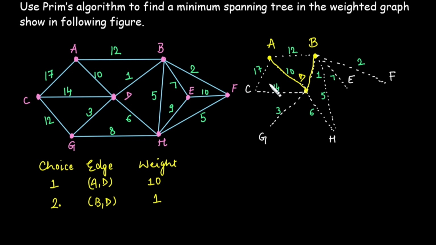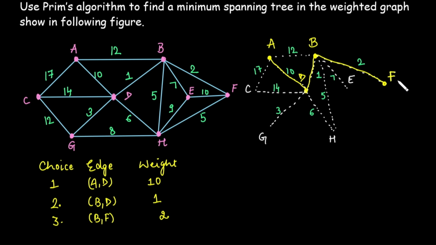Repeat the same procedure over the dotted edges. Find the minimum weight. Here we have 17, 14, 3, 12, 6, 5, 7, 2. The minimum weight is 2. So our next choice is the edge B to F with weight 2. It means the new vertex we have taken in the tree is F.